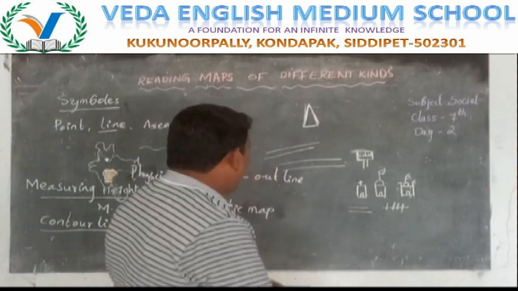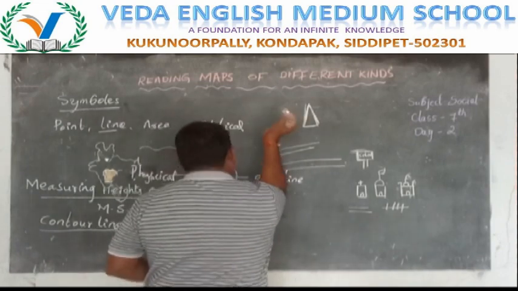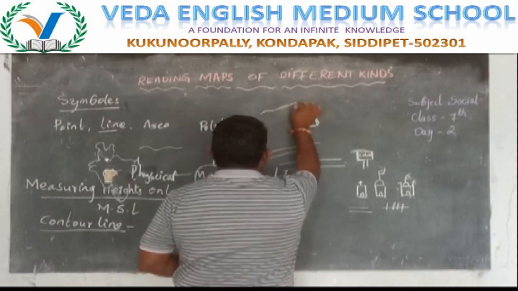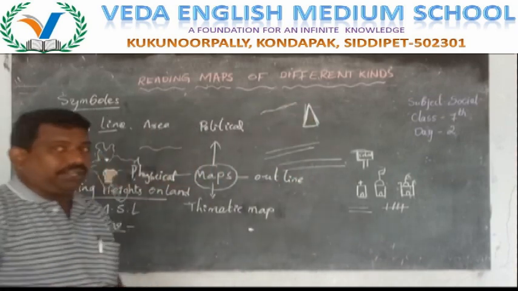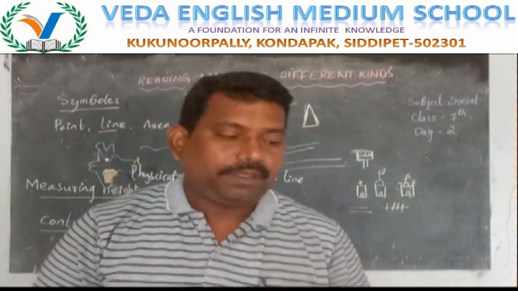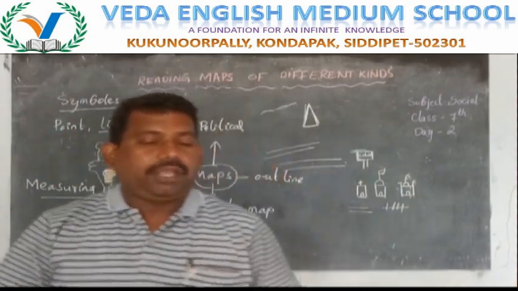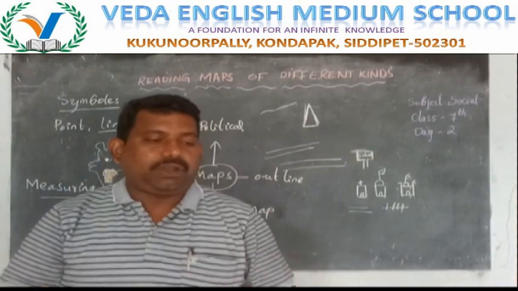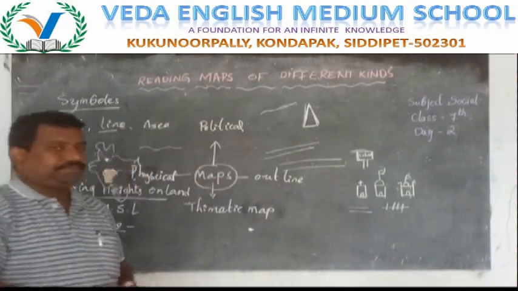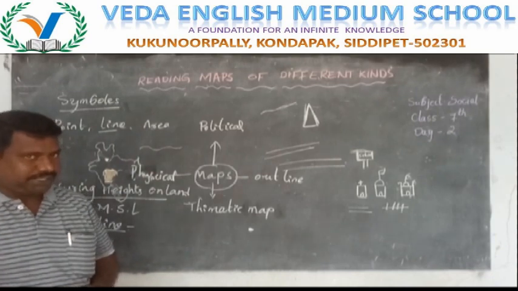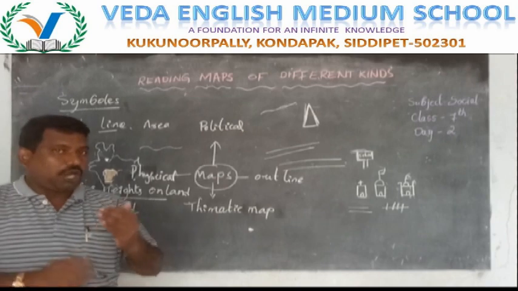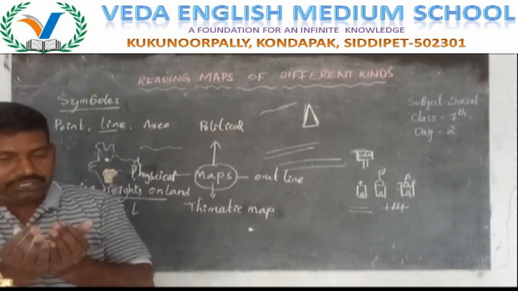If the land has a gentle slope, not much slope, a slight slope, it is called the gentle slope. If the land has a gentle slope, then the contour lines will be quite far from each other. Yes, children, do you understand? When are the contour lines near to each other?